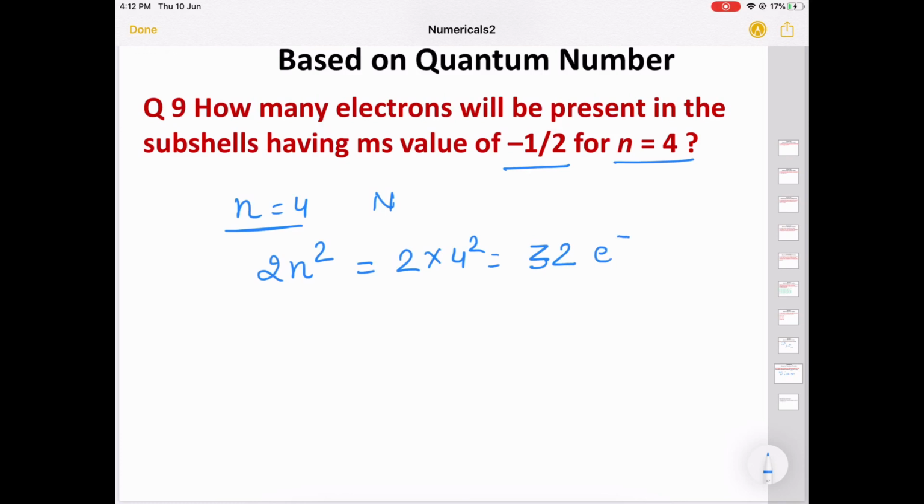These electrons will have opposite spin, so 16 electrons will have plus half spin quantum number and 16 electrons will have minus half spin. So 16 electrons will have minus half value of spin quantum number. So 16 electrons will be present in the subshells having ms value of -1/2 for n is equal to 4.